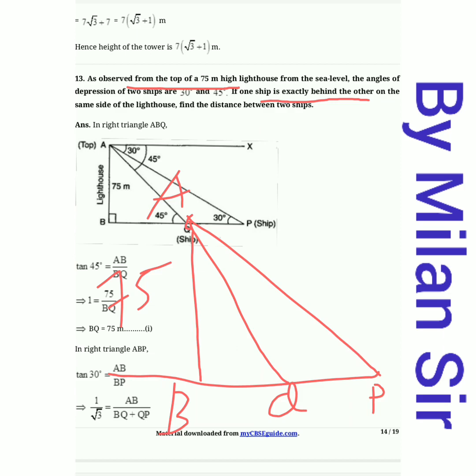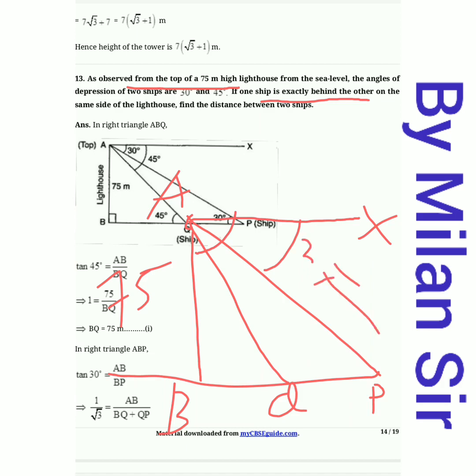That means we need to see in the downward direction. So at point A, first of all, we need to draw one horizontal level. So here I draw AX as our horizontal level, right? Now two angles are given, 30 degree and 45 degree. Now obviously here we have two angles. So from these two angles, which is smaller? This one.